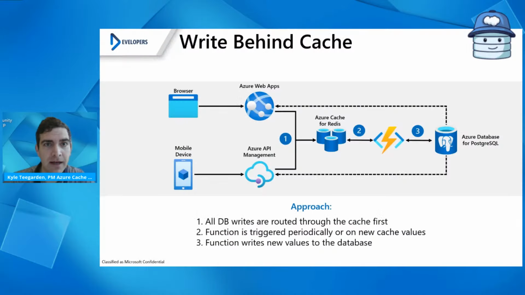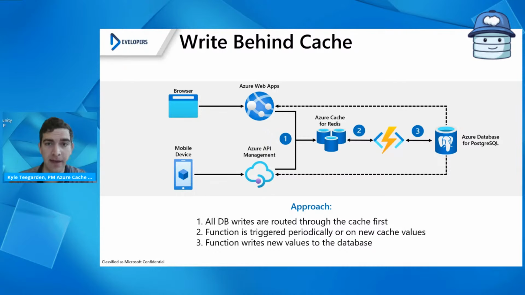Okay. So the last example, write behind. This was one I mentioned where writes can become a bottleneck with a database. If you have a ton of writes, especially if they're batched together, that can be a lot for a database to process. And so this is an example of using Redis and using the functions integration to handle what's called a write behind situation, where your application doesn't have to write to the database at all.